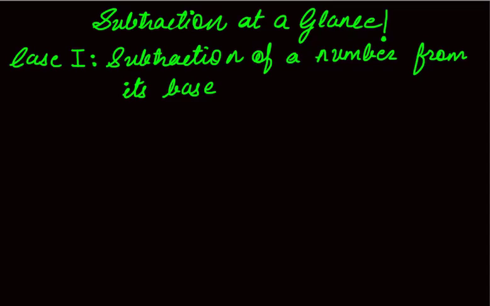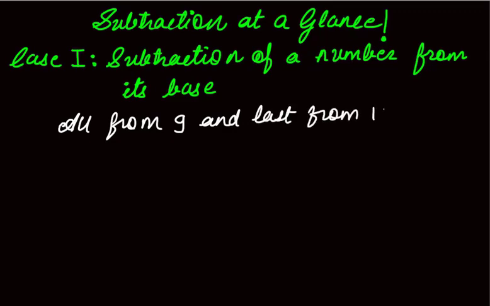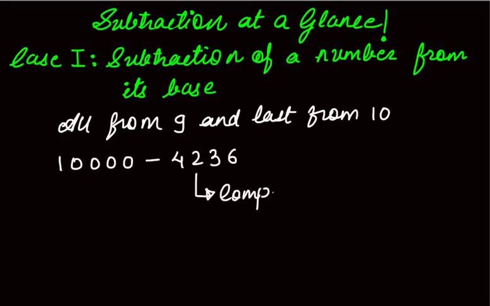Case 1. To subtract a number from any base or from multiples of bases, we use a very simple formula, that is, all from 9 and last from 10. Yes, it is the same formula that we use to find the complement of a given number. For example, if a sum is like 10,000 minus 4236, then the solution to this sum is similar to finding the complement of the number 4236.